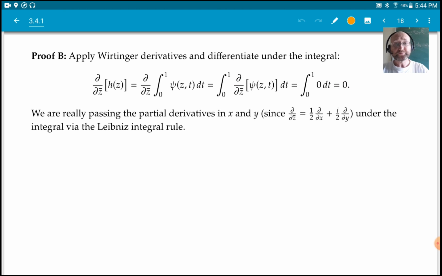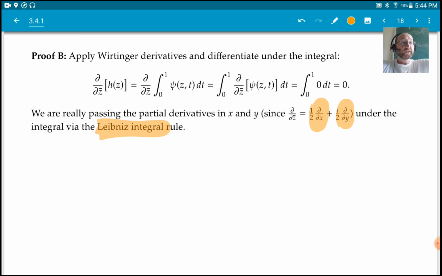All right, so what we're really doing is passing the x and the y derivatives underneath the integral. So we're using the Leibniz integral rule really for differentiating underneath the integral, and the actual derivatives that we're doing are the x and the y derivatives, right?